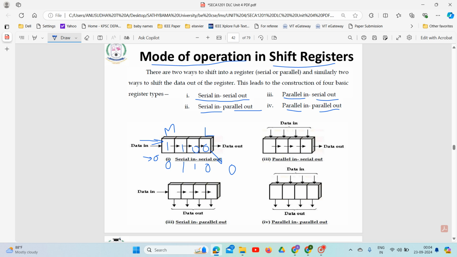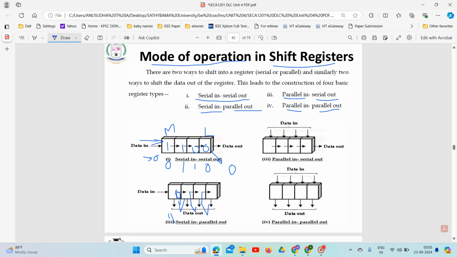This is your second case, serial in parallel out. We are introducing the data serially, as in the first case, but we are taking out the data in parallel.